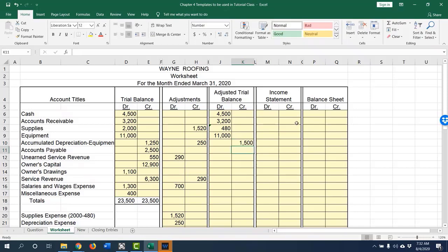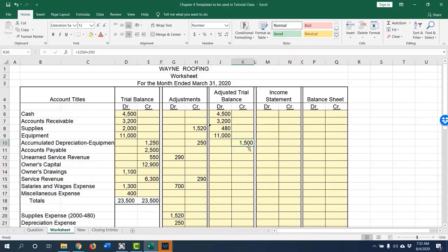So the new balance will become 1500. That will be the adjusted balance of accumulated depreciation. Okay, so the account balance will increase because we have credited that account again, by 250. So the new balance will become 1500.